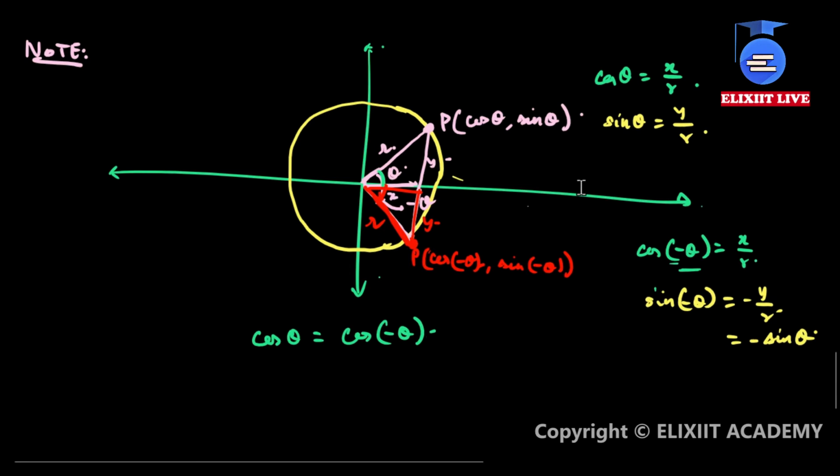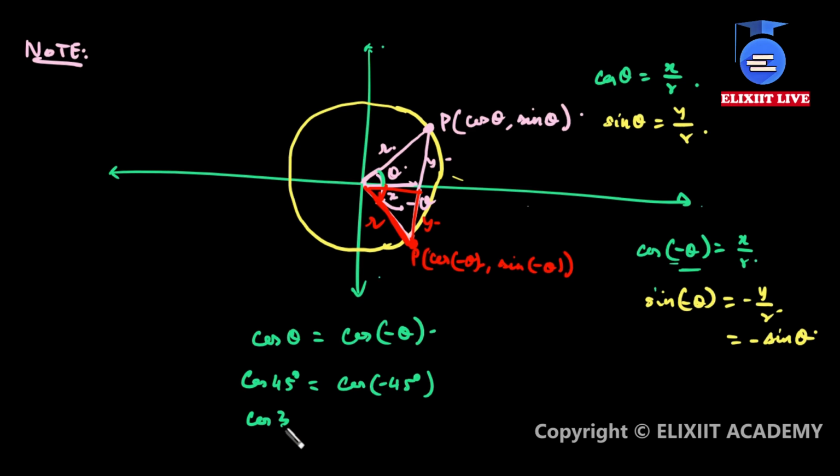If someone asks you what is cos 45 degrees, cos 45 and cos minus 45 will both have the same value. Cos 30 and cos minus 30 will both have the same value.